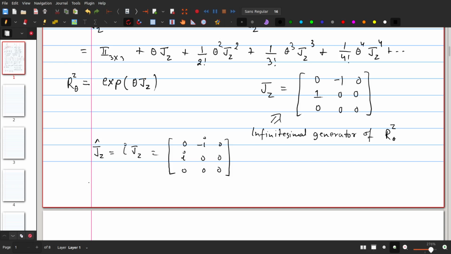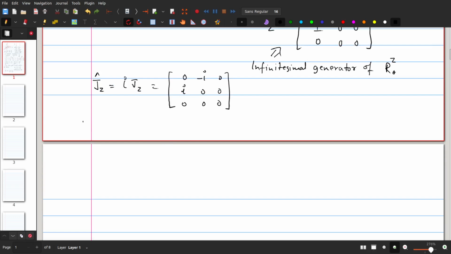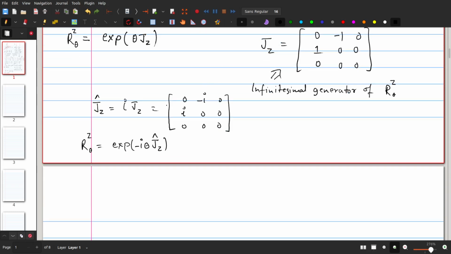And in terms of this matrix, our rotation r theta z becomes exponential minus I theta jz cap. Because jz cap is I jz, so minus I and I when multiplied give 1, so we get the same expression as we derived before. So r theta z is equal to exponential minus I theta jz cap.